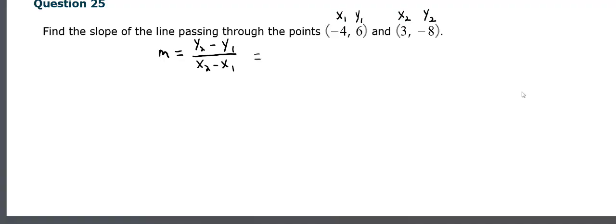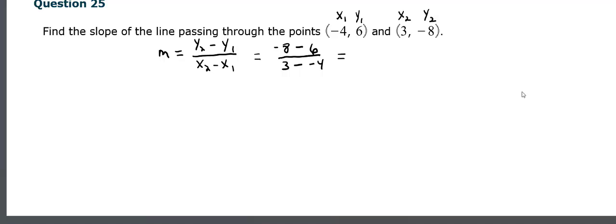So we substitute those values into the formula. We have y sub 2, which is negative 8, minus y sub 1, which is positive 6, over x sub 2, which is 3, minus x sub 1, which is negative 4.